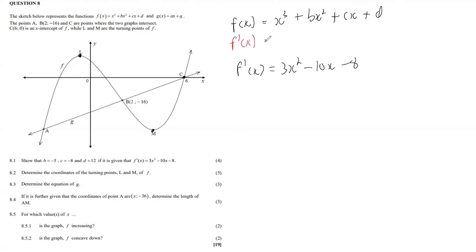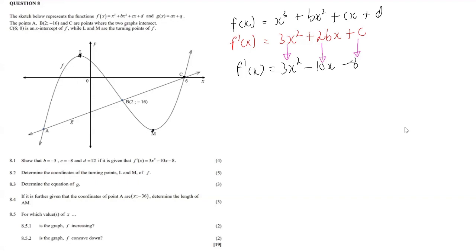So f prime of x is 3x squared, then 2bx, and then here we are only left with c. Why are we doing that? So that we can see that these terms correspond to each other, and the c corresponds to that negative 8.